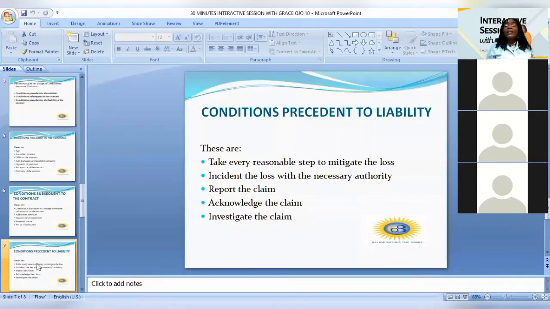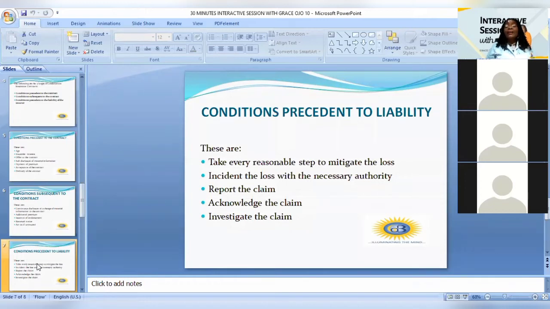Then when the loss eventually occurs, you report the loss to the necessary authority. Let's take the case of theft, say a car theft. You won't just fold your hands without doing anything. The onus is on you to report the loss to the necessary authority. If it's a car theft, you report to the police station that your car has been stolen.